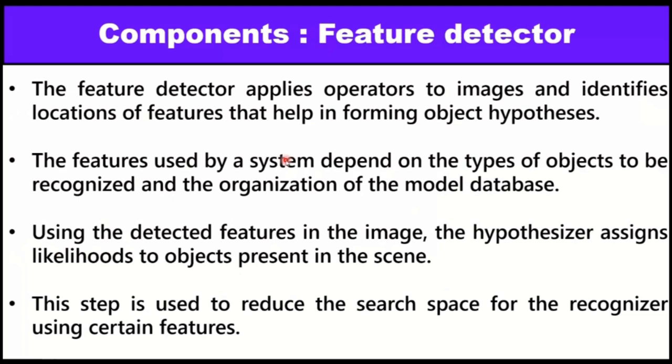Now the feature detector is actually an algorithm or program that is applied to the incoming image. These operators are transforms. They identify where the features are in the image.